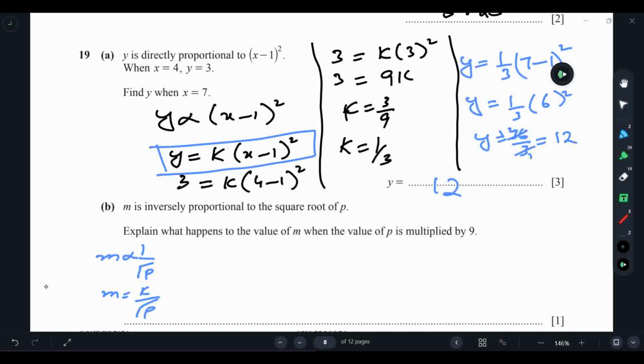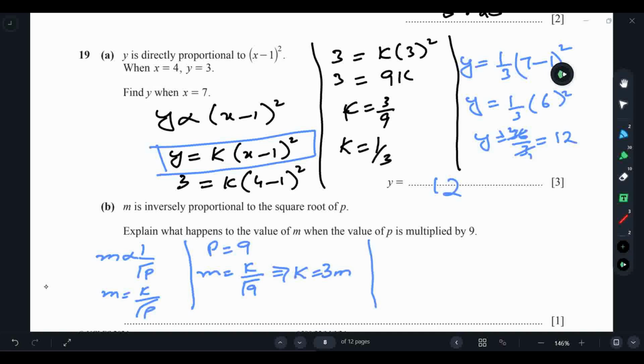Now we know that, let's say the value of p is 9. So m when p is equal to 9, m will be equal to k by square root of 9, which means k will be equal to 3m.